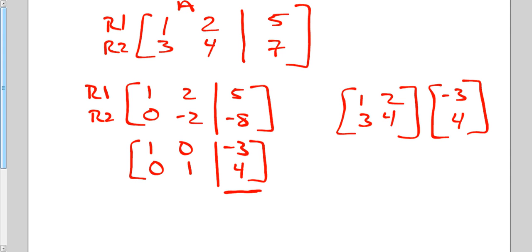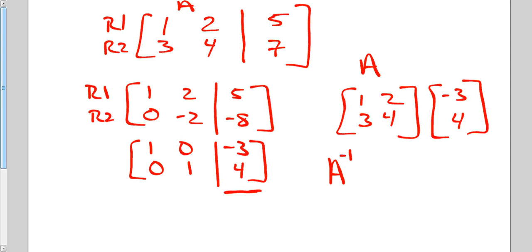5 and 7, right? That's what this means. Now, what I'm saying is that there's an inverse to that matrix, which I call A to the negative 1. And that inverse is going to undo what A does.